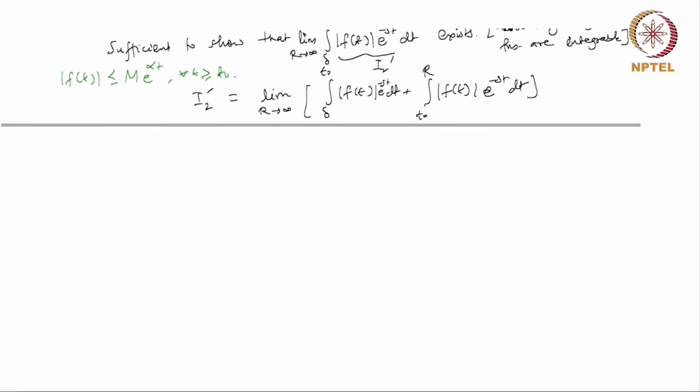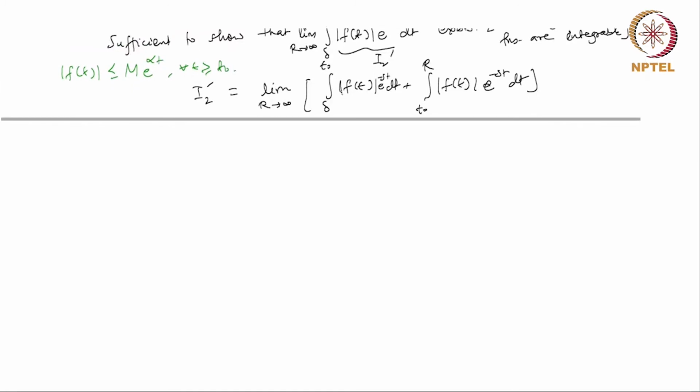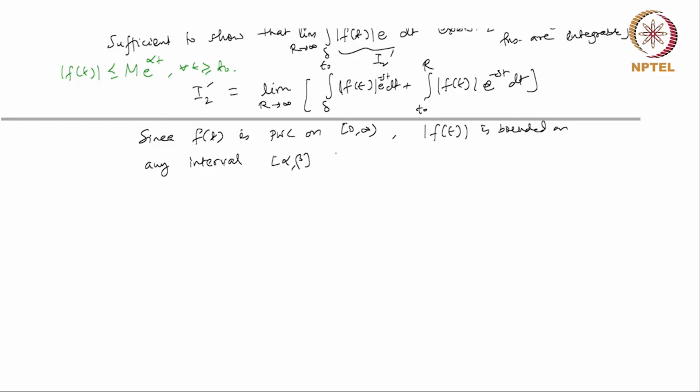Now let's see what we can do about each of these integrals. First of all, because f(t) is piecewise continuous on 0 to infinity, modulus of f(t) is bounded on any interval alpha beta inside this bigger interval 0 to infinity.